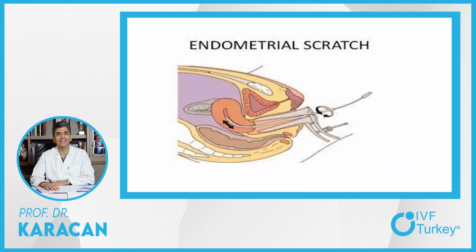The other one, endometrial scratch. Almost 5-6 years ago, there was a paper recommending or suggesting the use of scratch or injury, endometrial injury, to enhance implantation rate in women having RIF. The main goal is to make an injury in the endometrium, stimulating some stem cells or some chemicals to improve pregnancy rate.